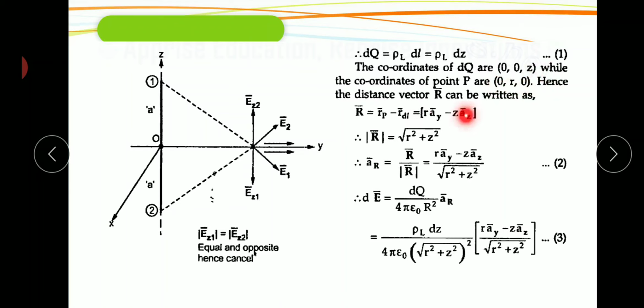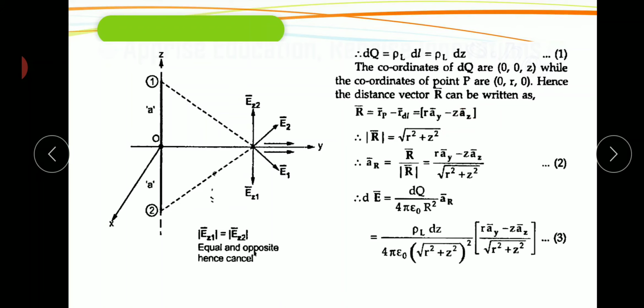Now this equation is obtained by x2 minus x1 into ax bar plus y2 minus y1 into ay bar plus z2 minus z1 into az bar. Now by substituting in this equation we get this value, that is r ay bar minus z az bar.